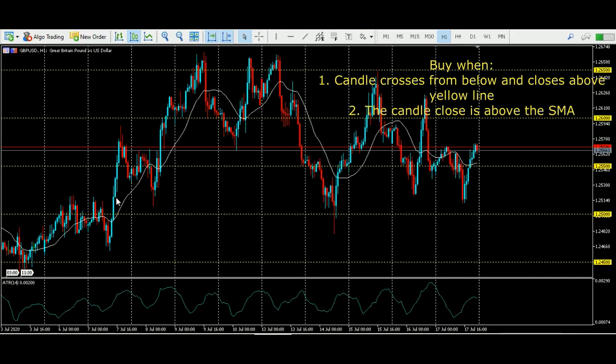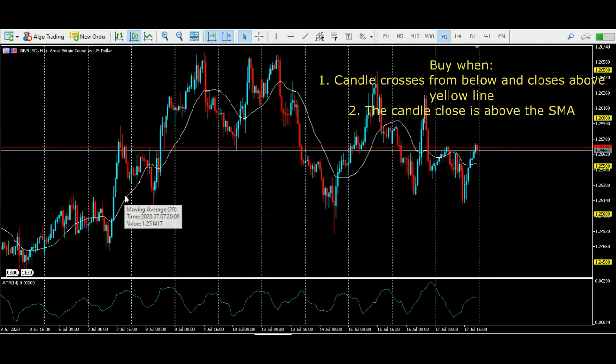You need to be very patient and wait for it to close. If a candle closes above, then it's a buy signal. So we buy right at the close of that candle, just as the next candle is starting.